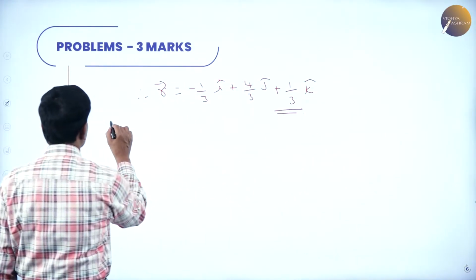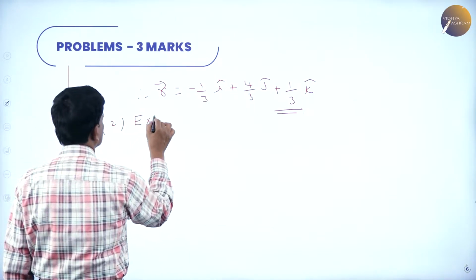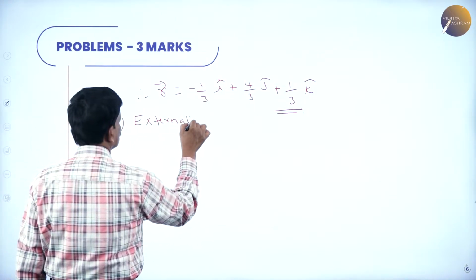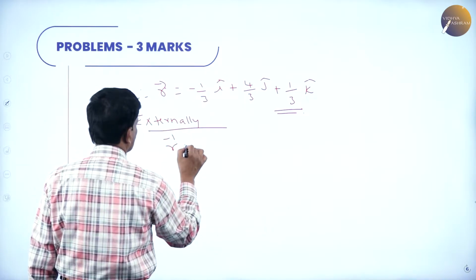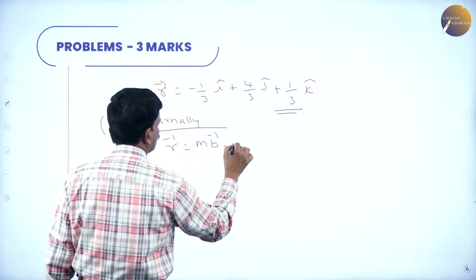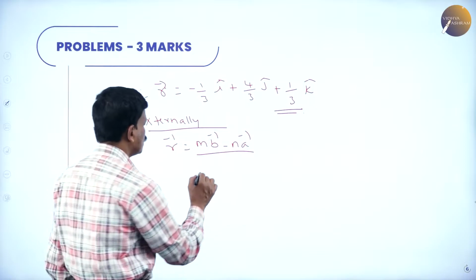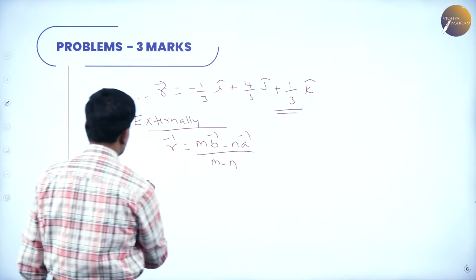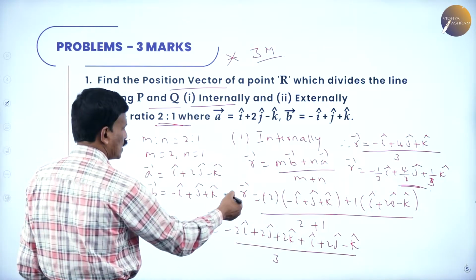Now, come to the second one, externally. Externally is given by vector R is equal to m into vector b minus n into vector a divided by m minus n. So therefore r is equal to, write down the same values.